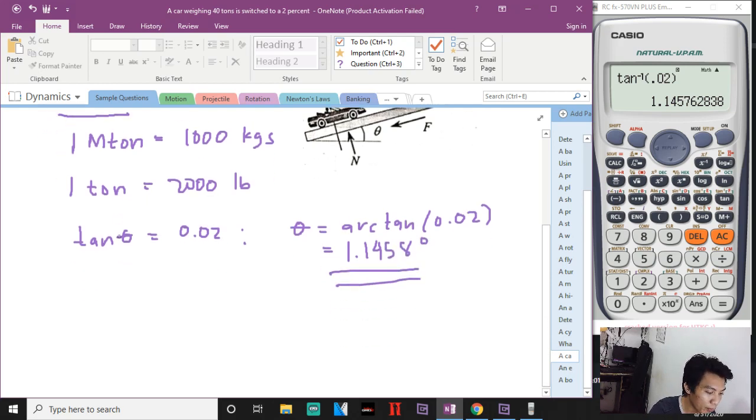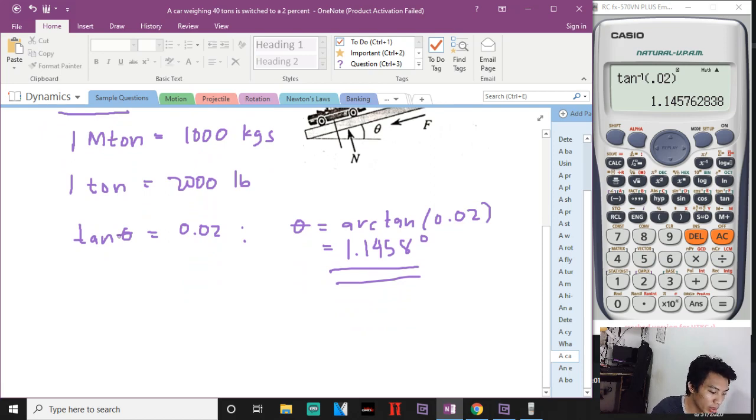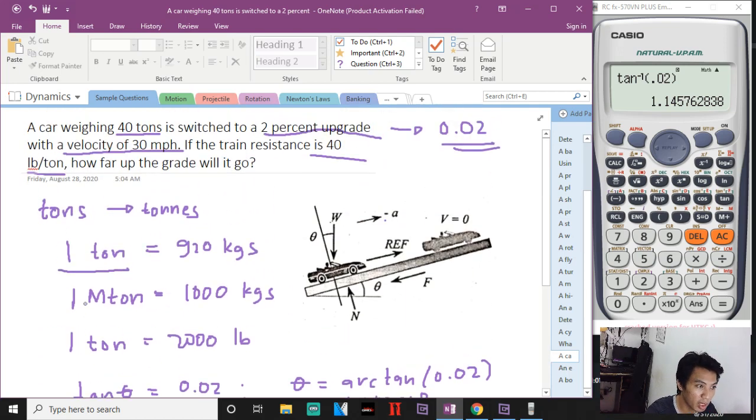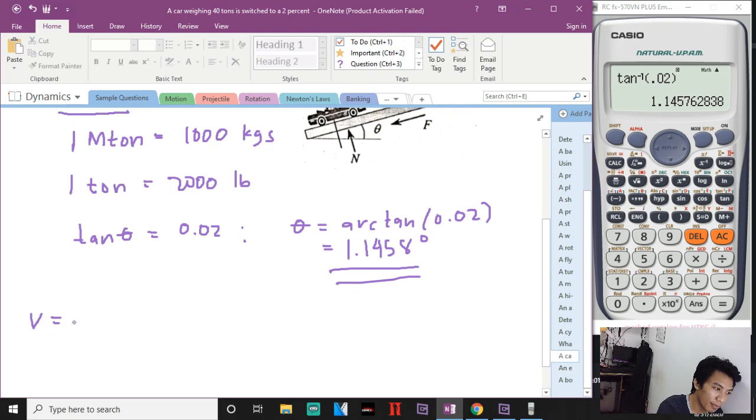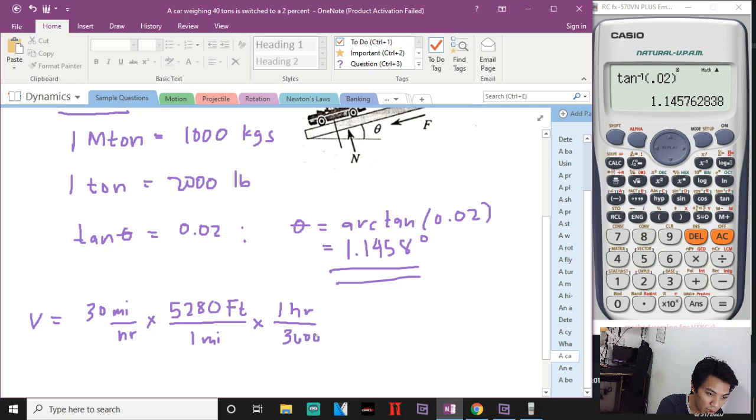Next, let's convert to feet per second, since it says miles per hour here. This is the velocity, 30 miles per hour. Let's make it feet per second. Times 5,280 feet per 1 mile, times 1 hour over 3,600 seconds.